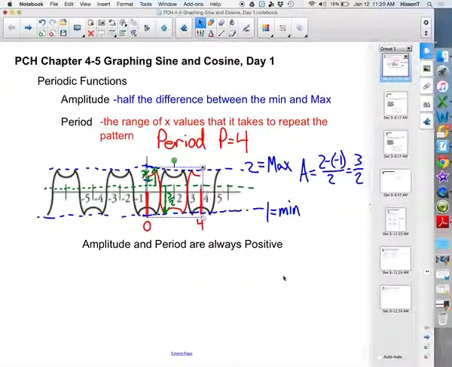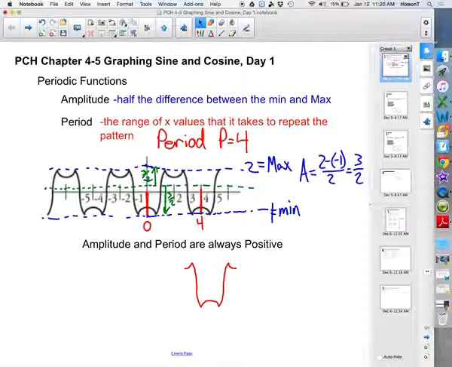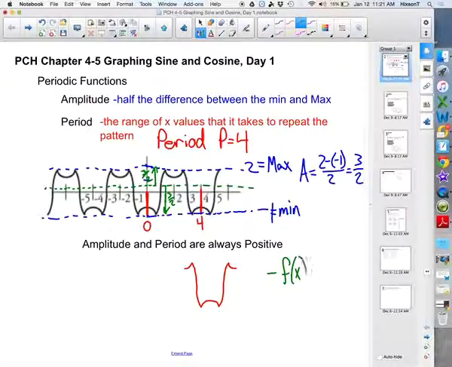You guys know that that would be a negative f of x. That's what would reflect it across the x-axis. What would my amplitude be?